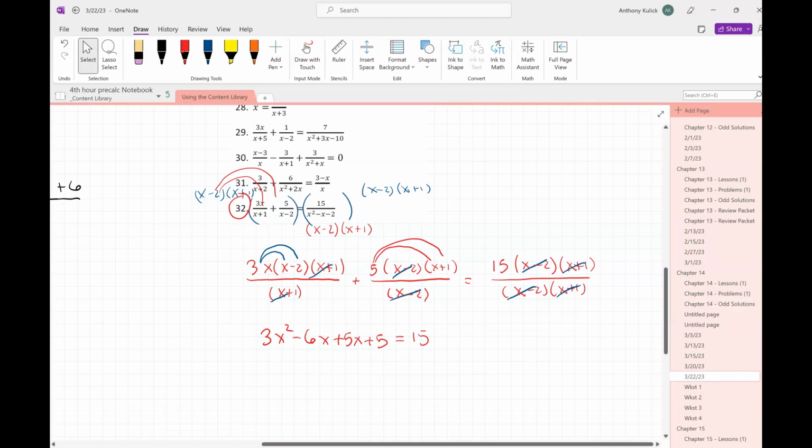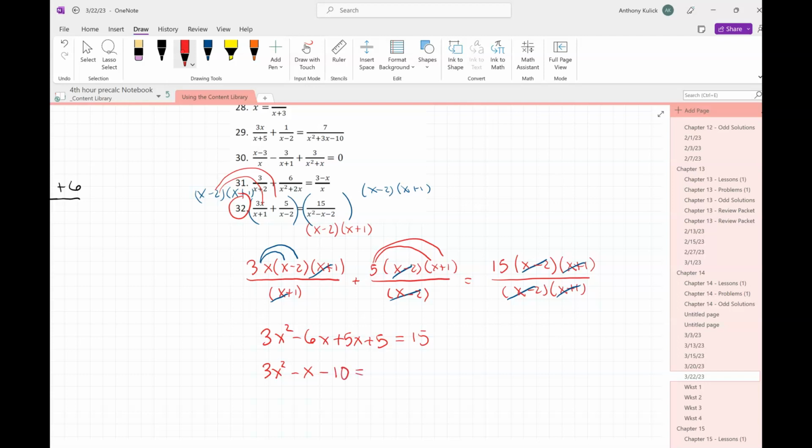What I notice that I have left is a quadratic equation. So I'm going to combine my like terms and set it equal to 0 by subtracting 15 from both sides. To solve this quadratic equation, I could either try to factor it or use the quadratic formula.